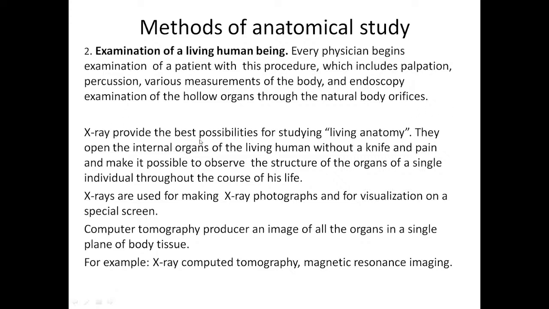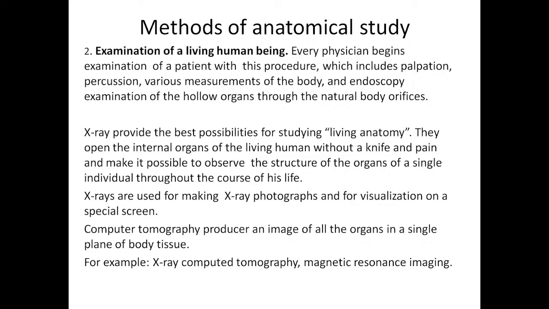X-ray provides the best possibilities for studying living anatomy. It opens the internal organs of the living human without a knife or pain and makes it possible to observe the structure of the organs of a single individual throughout the course of his life.